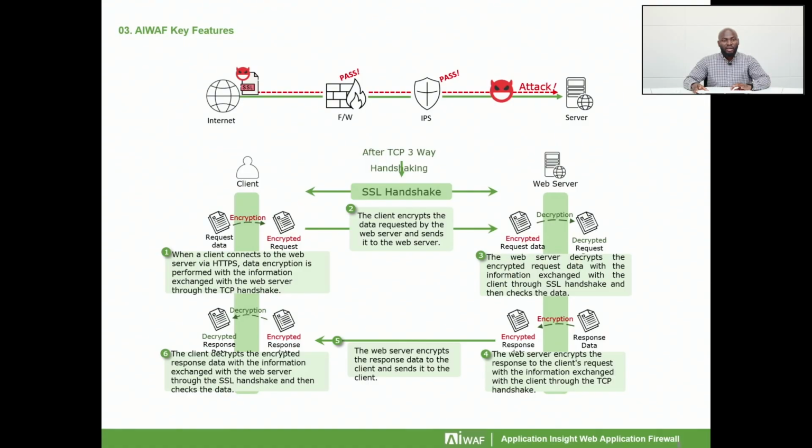And once the web server decrypts, it also responds with the information during the handshake. Notice here that if there are malicious packets in the traffic, they get to the web server and are executed.